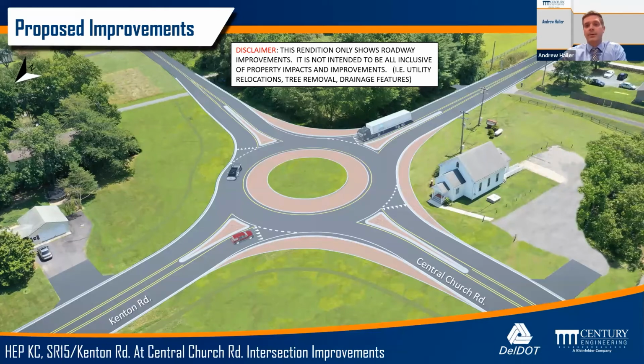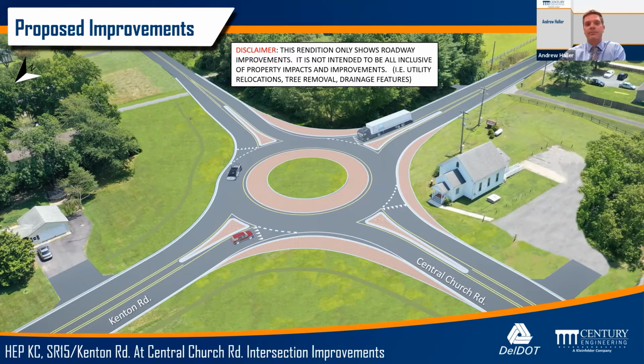Here's a rendering. We felt that this was a very good representation of what the final product would look like, and to give you a better picture once it's fully constructed. The truck aprons are shown in red, and they're located towards the center of the roundabout and along three of the outside radii. As Laura had mentioned, this is to ensure we have full operation for all sizes of trucks, and they are intended for larger vehicles to use only.